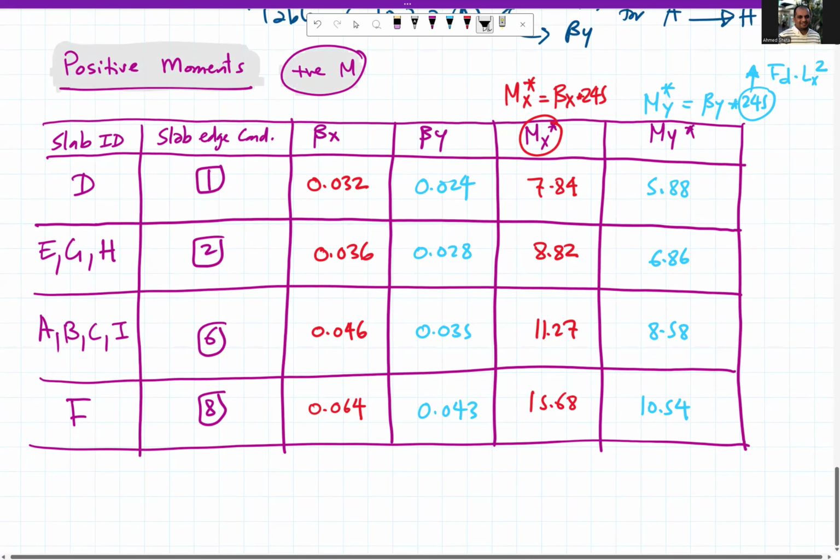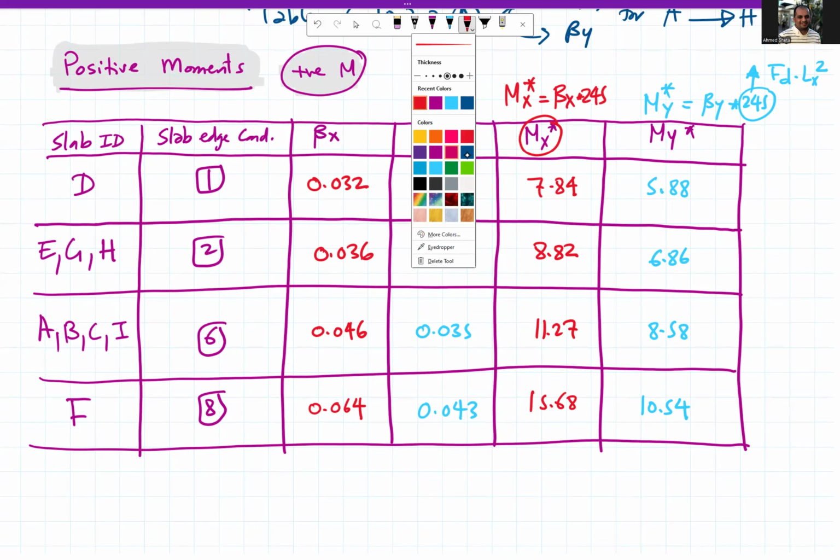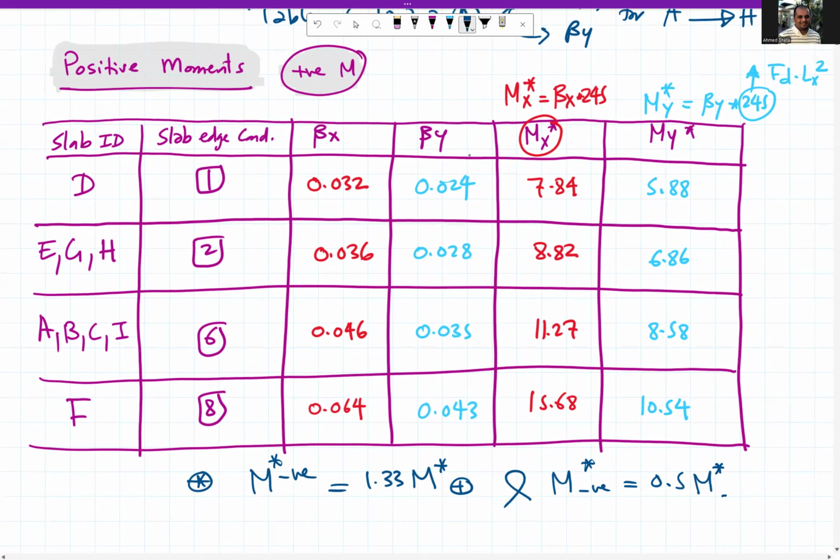And then we will need to create a similar table for the negative bending moment using the positive bending moment. Just a reminder that for the negative bending moment, we have two values: 1.33 m asterisk positive and 0.5 m asterisk positive.